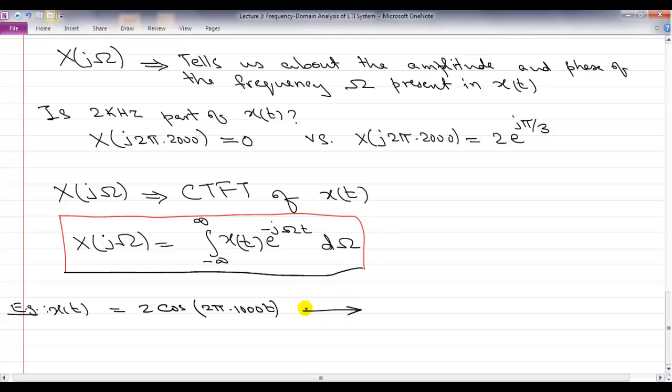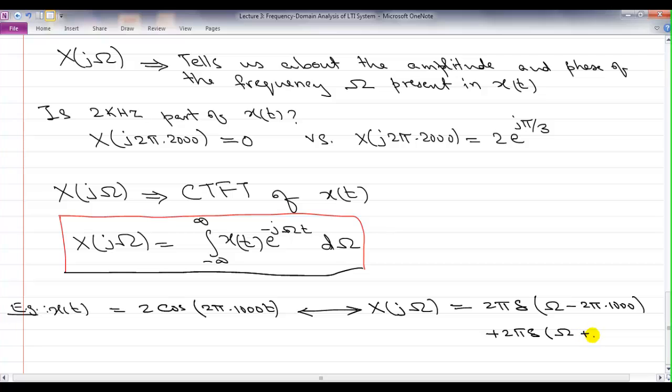Now if I look at its Fourier transform, X of j omega, it ends up being 2 pi delta of omega minus 2 pi 1000, plus 2 pi delta of omega plus 2 pi 1000.